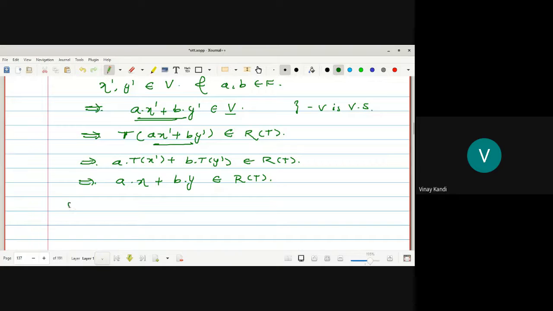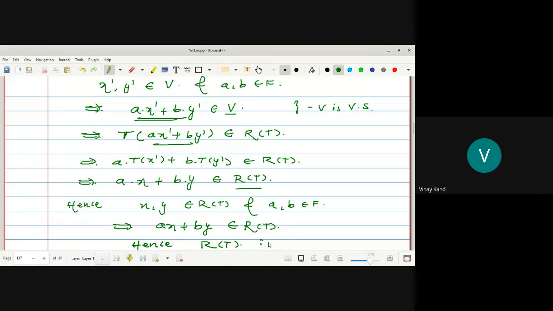Hence, x and y belong to R of T and a and b belong to capital F. This implies ax plus by belongs to R of T. Hence, the range space of T is a subspace by the definition of subspace of U. Any doubt up to here?